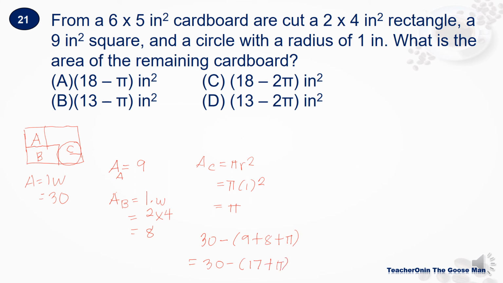So, alin ang pwede natin makita dyan? Actually, 30 minus 17, so i-rearrange natin, 30 minus 17 minus pi. So, we have here 13 minus pi. So, based on our choices, the correct answer is letter B.